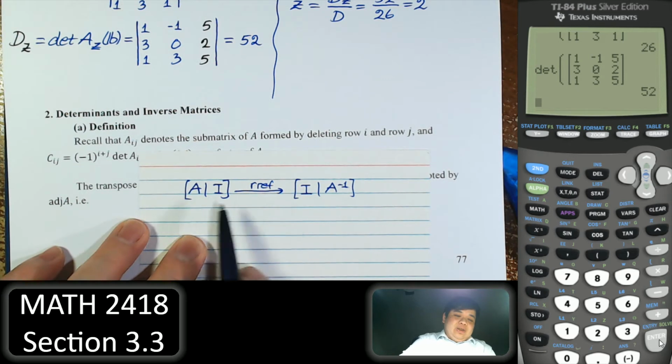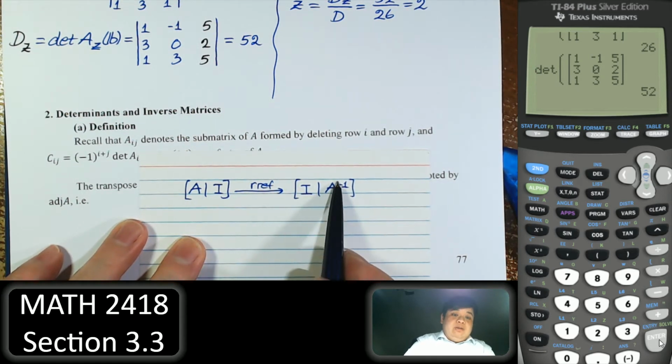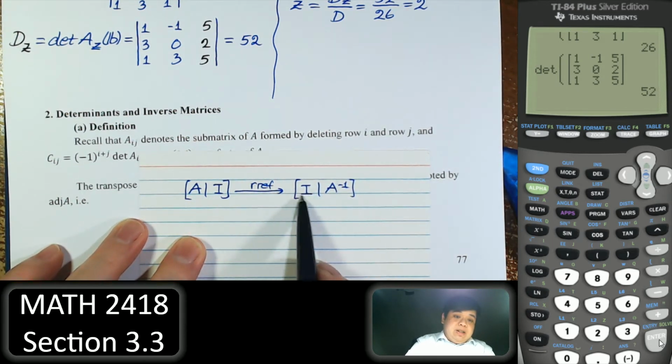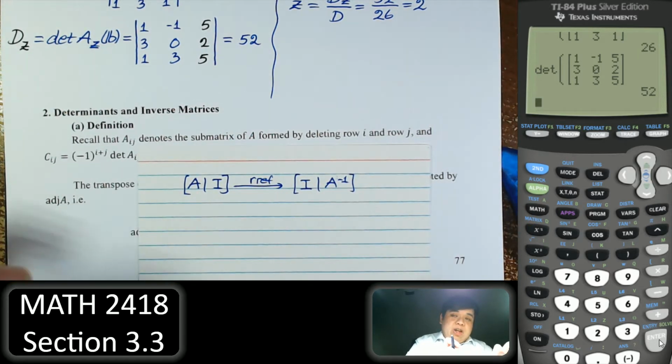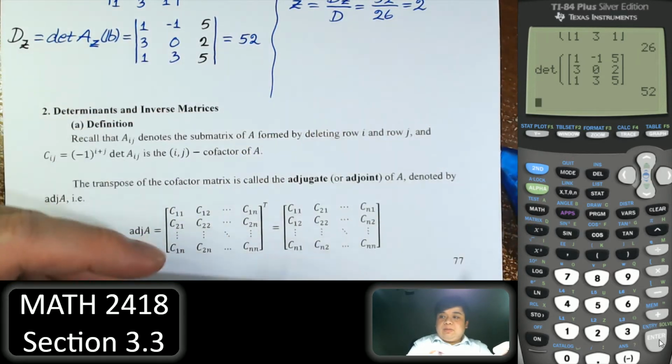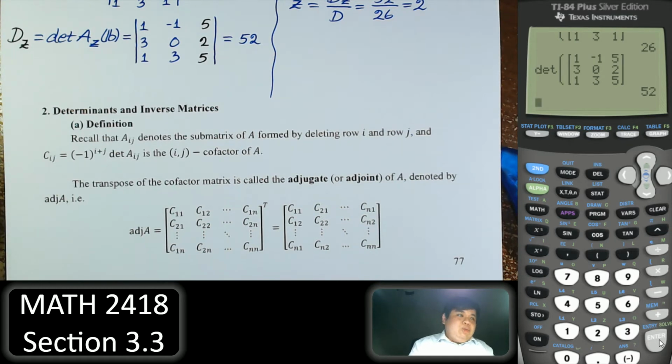So A has to be reduced to I for this to be the inverse. This is still the best and most efficient way to find the inverse, unless it is 2 by 2, where there's a formula for the inverse. But in general, reducing to echelon form is the most efficient way of doing a lot of other things: finding the inverse, solving a system of equations, to name a few.